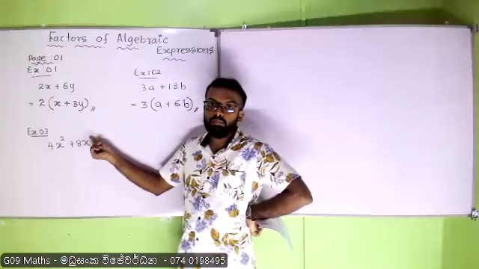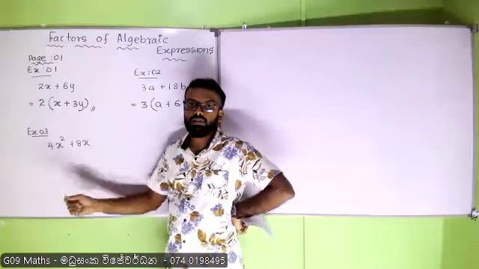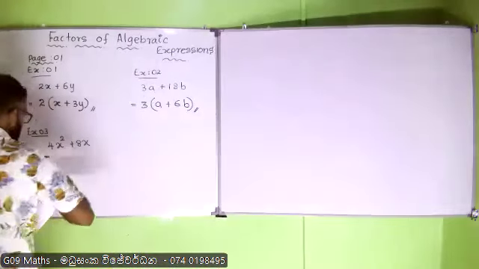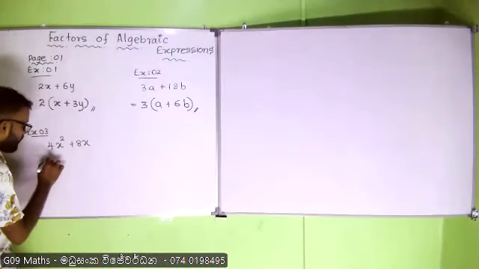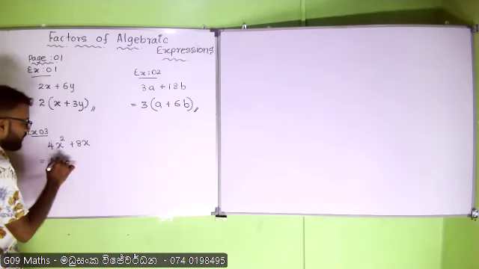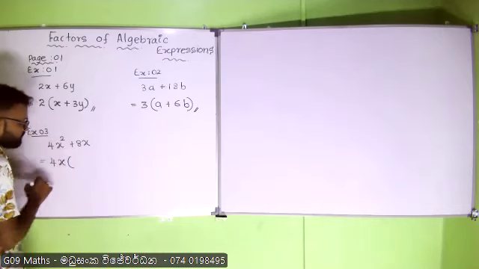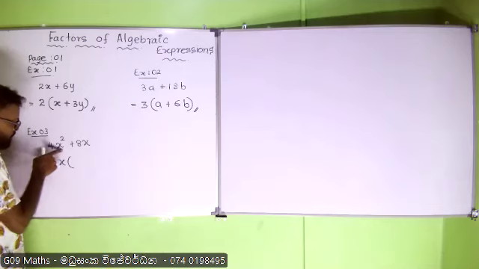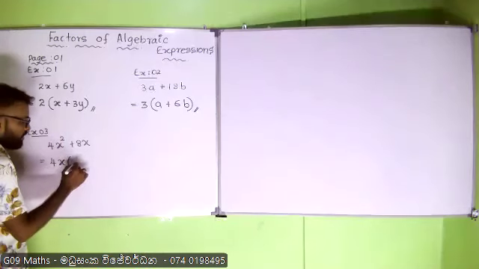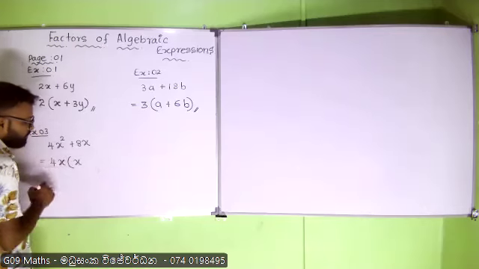So from the numerical values, I am going to take out number 4. From algebraic terms, I am going to take out x. If I take 4x out from this term, the only remaining term is x.